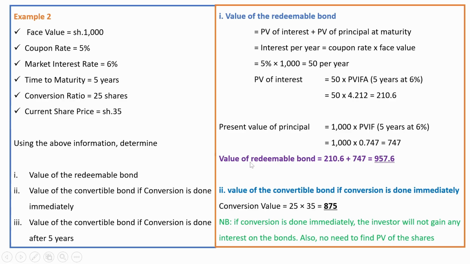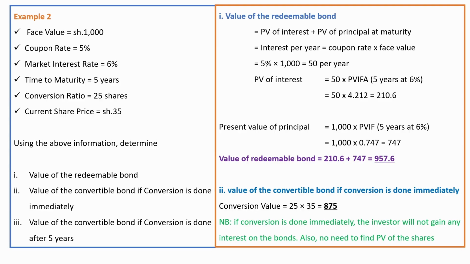So the value of redeemable bond is equal to present value of interest, which we have found as 210.6, plus present value of principal, which we have found as 747. So the total becomes 957.6. So that is the answer for required number 1, value of redeemable bond.